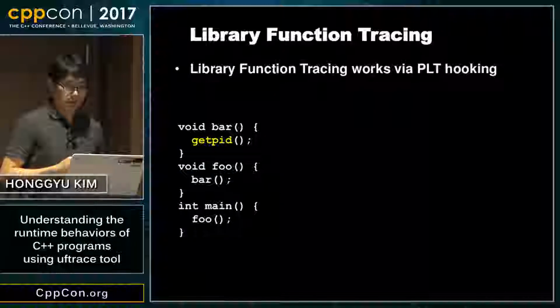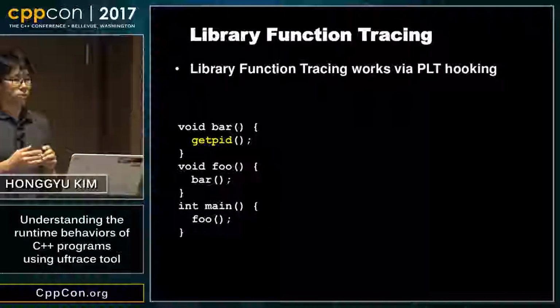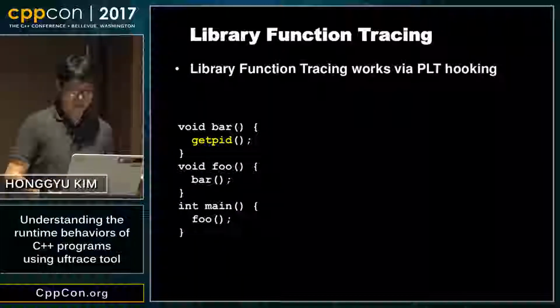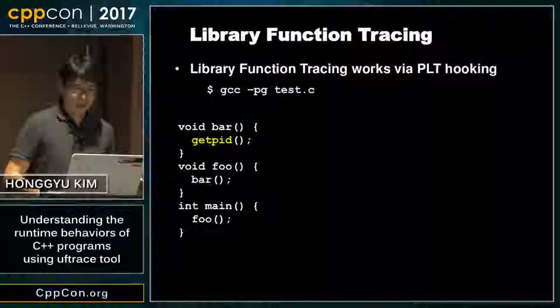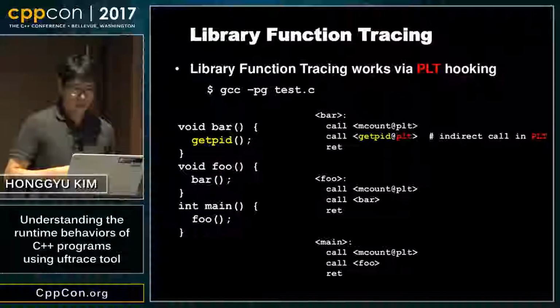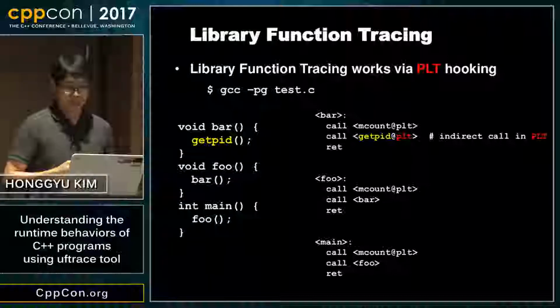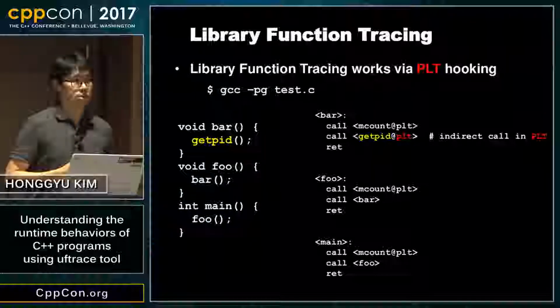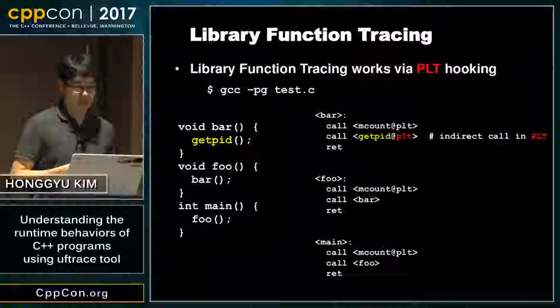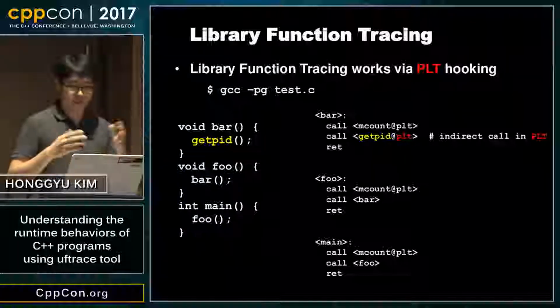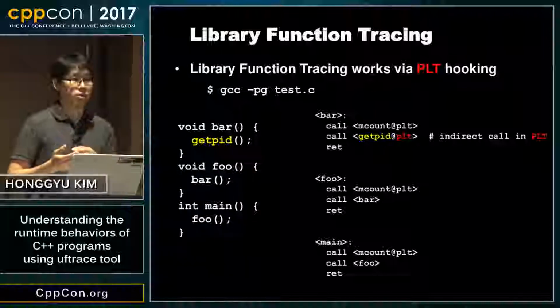And if I put a library function call in the bar function, you can also trace it. So in bar, there is another function called getpid, but at the end there is a PLT symbol. It means that it is not calling a function inside the binary, but going outside of the binary.